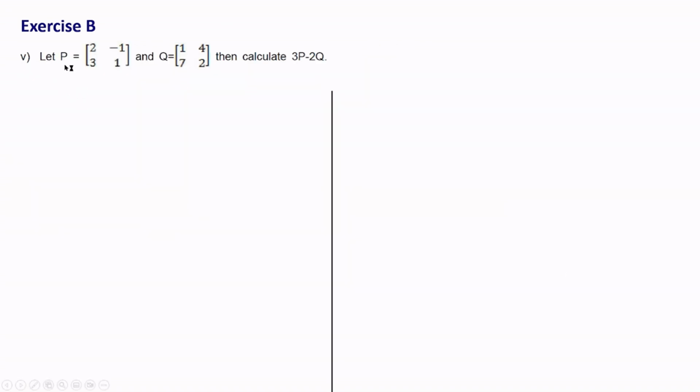Next question, let P equal to [2 -1; 3 1] and Q equal to [1 4; 7 2]. Then calculate 3P minus 2Q.